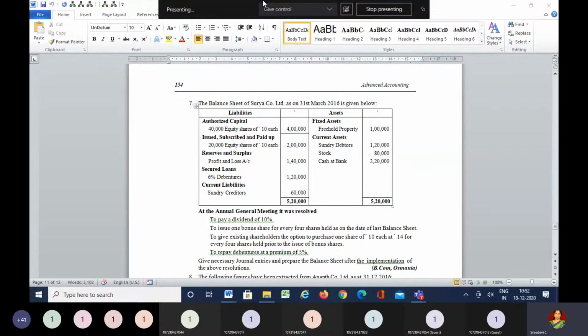As it says, they are going to give an option to the existing shareholders. Whenever shares are issued to the existing shareholders, those shares are called rights shares. That means existing shareholders will always have the right to buy the shares being issued by the company. Here, the option is to purchase one share, which is at the rate of 10, but at 14.